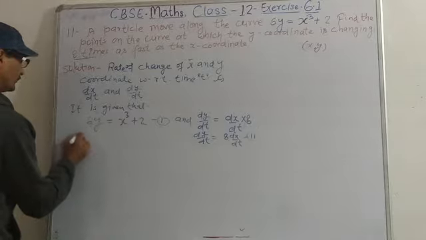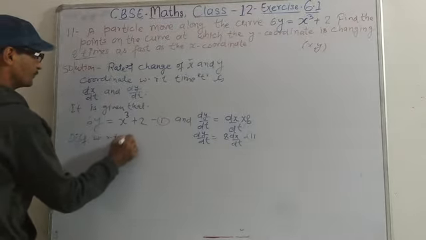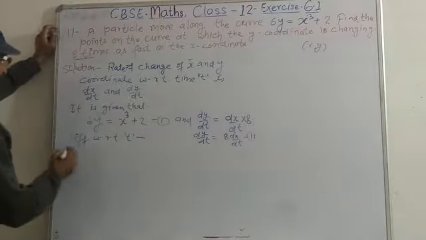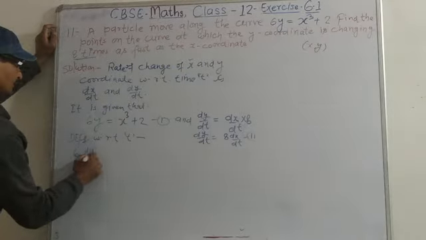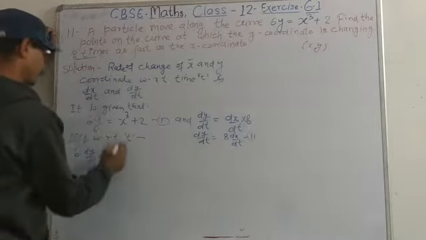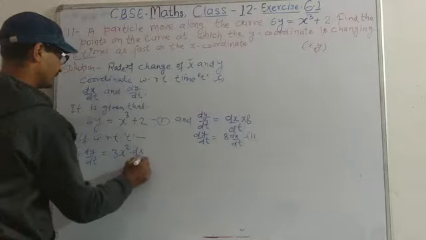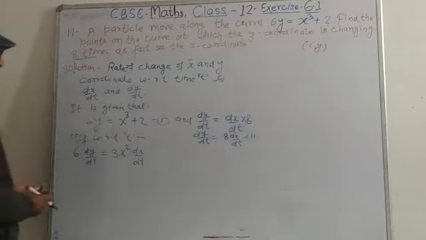Now differentiating with respect to t: 6 into the derivative of y, dy/dt, equals the derivative of x³, which is 3x² dx/dt, and the derivative of 2 is 0.